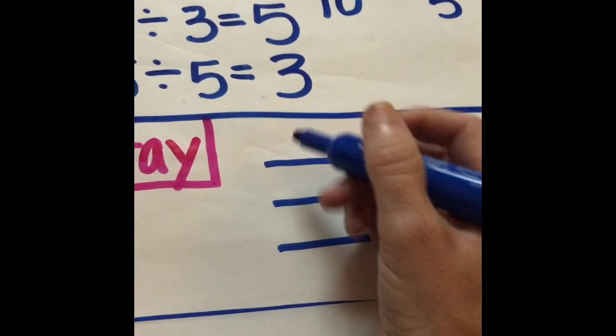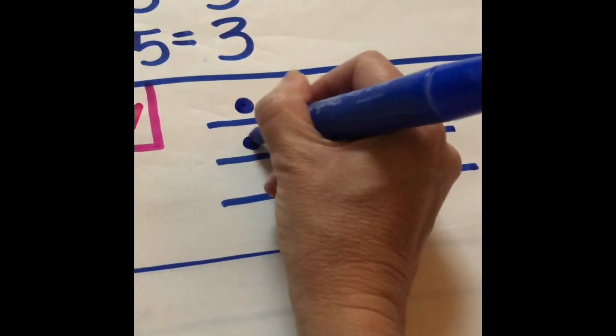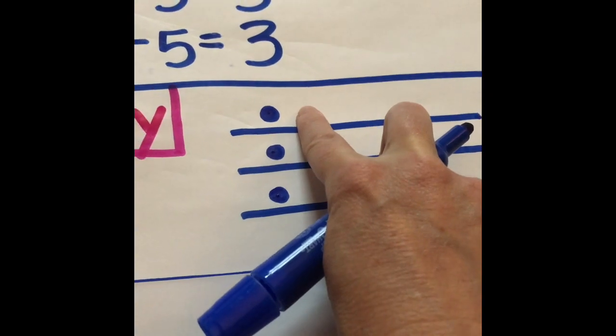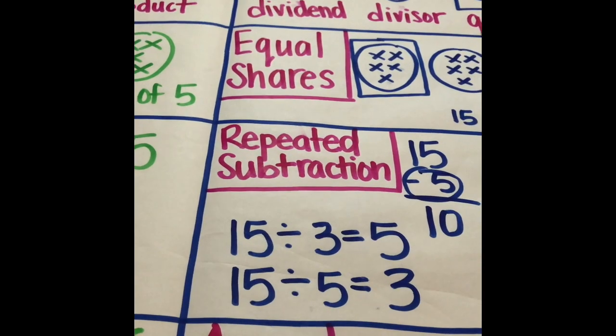So I'm going to do 1, 2, 3. So each row got 1, and I've used all the rows, so that means I'm going to go back up here and I'm going to keep going. And remember, I'm counting out loud because I know that I'm counting to that dividend 15.